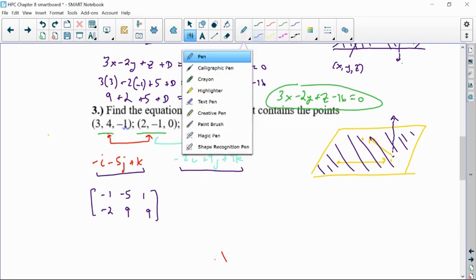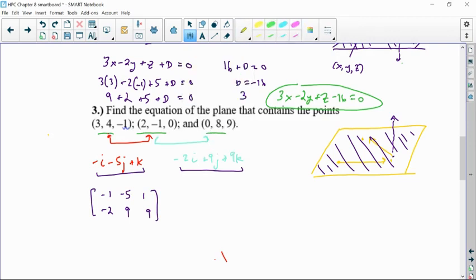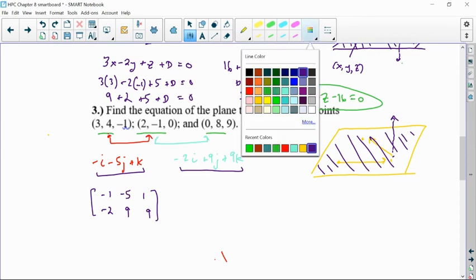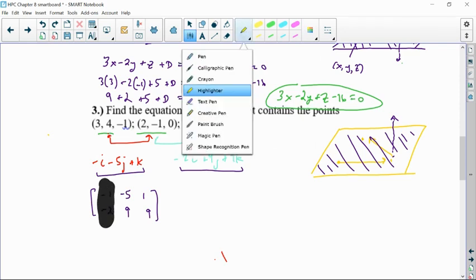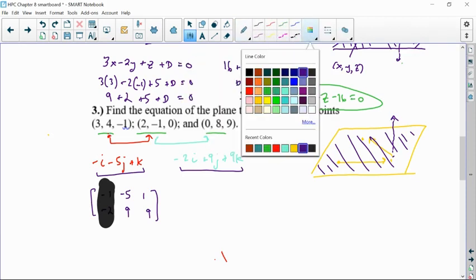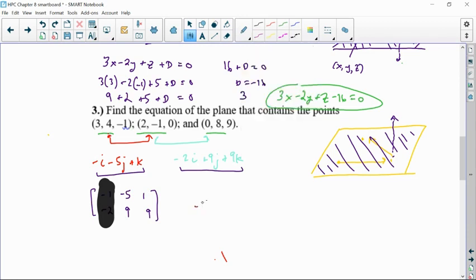I'm going to systematically block out a column at a time. The first thing I'll do is block out this column here. So I have this 2x2 matrix left, and I'm going to find the determinant of that matrix. -5 times 9 is -45, -45 minus 9 is -54. And that's in the i direction.